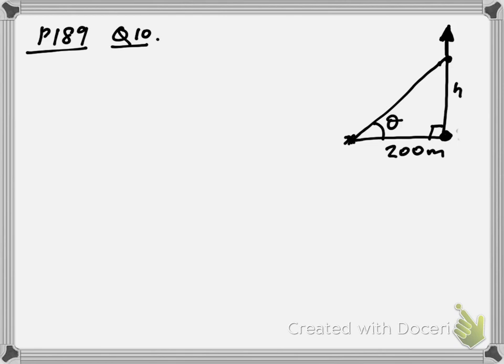It tracks the rocket, so in a way, if I change some colors to maybe yellow, it tracks the angle changes and it tracks the rocket up. So what do you have? It says the angle theta is increasing at a constant rate of 0.5 radians per second.